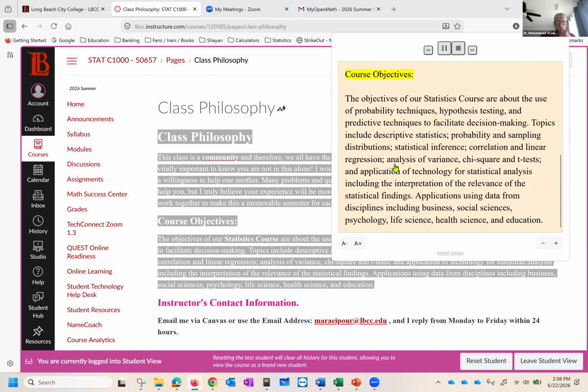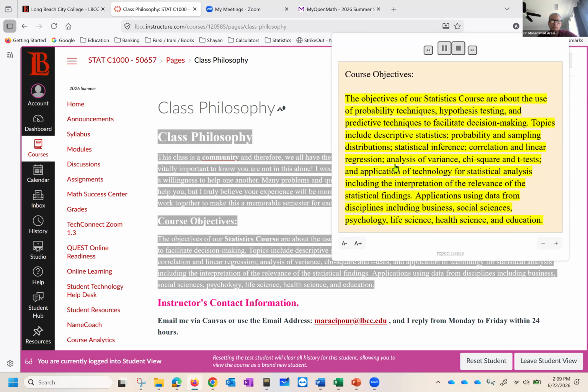Course objectives. The objectives of our statistics course are about the use of probability techniques, hypothesis testing, and predictive techniques to facilitate decision making. Topics include descriptive statistics, probability and sampling distributions, statistical inference, correlation and linear regression, analysis of variance, chi-square, and t-tests, and application of technology for statistical analysis including the interpretation of the relevance of the statistical findings.